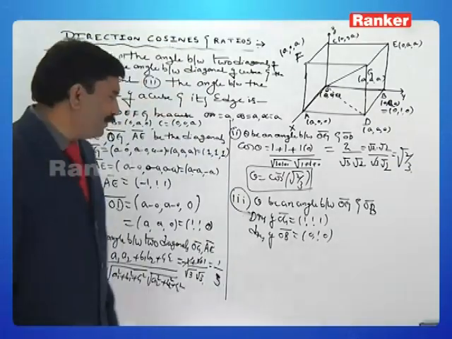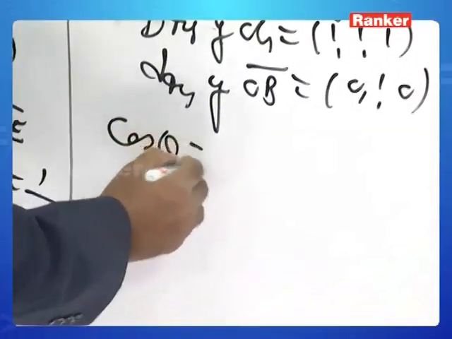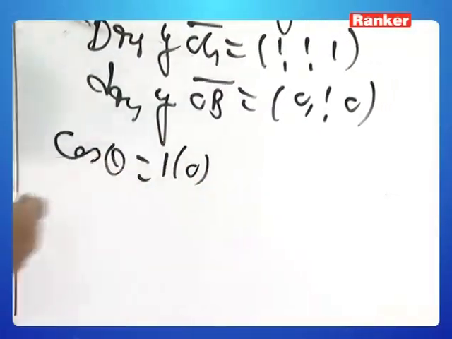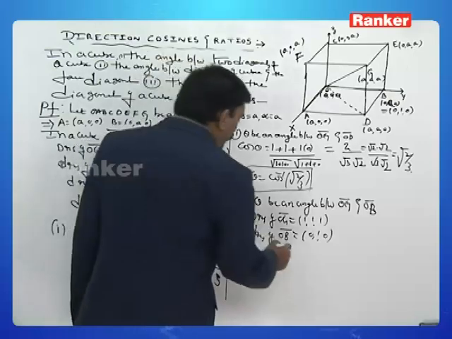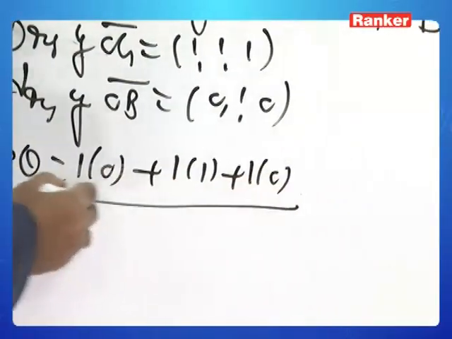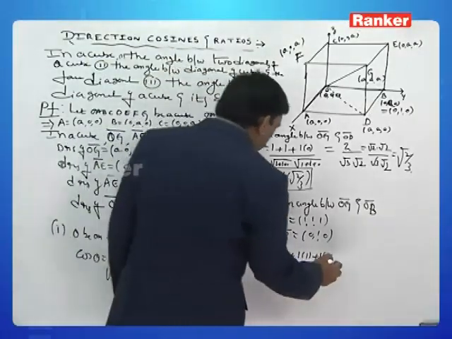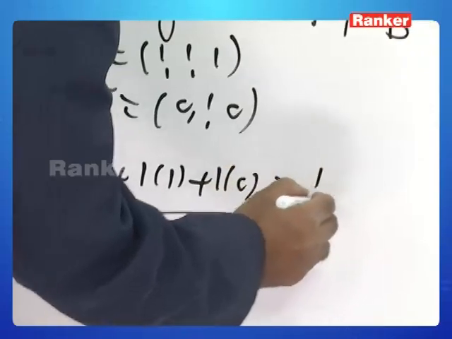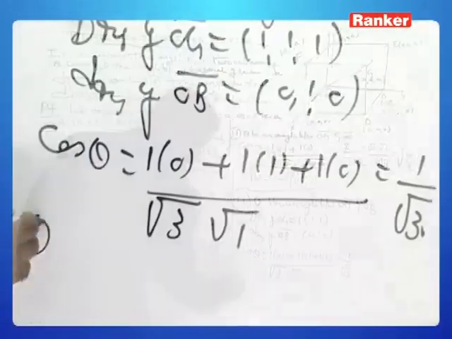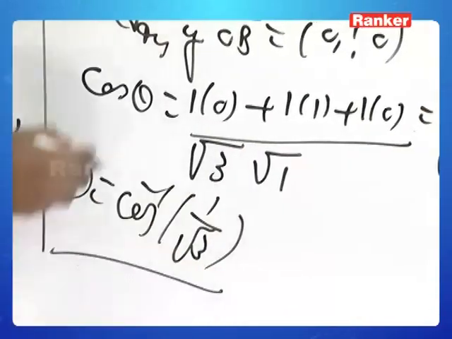Right. So therefore, cos theta is equal to A1, A2: 1 into 0, B1, B2: 1 into 1, 1 into 0, by root 3 into root 1. So I can write this as 1 by root 3, right? So now theta is equal to cos inverse of 1 by root 3.